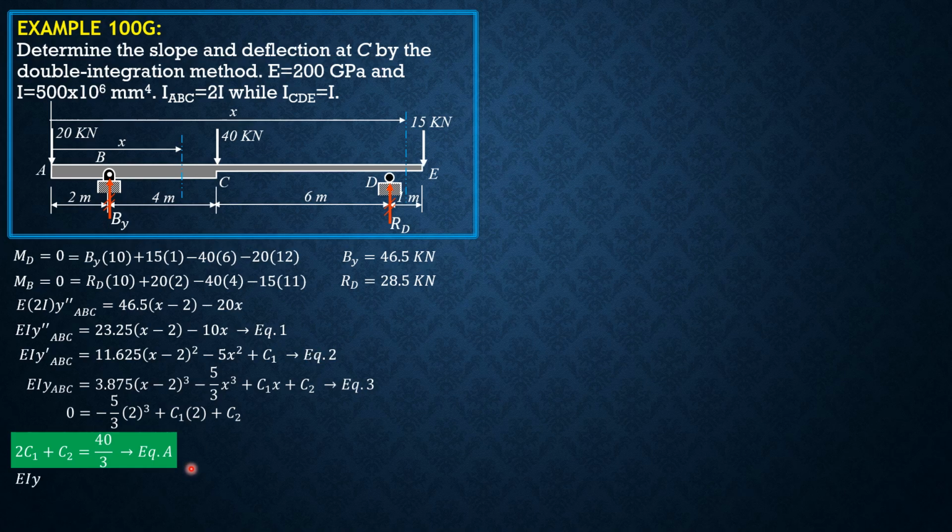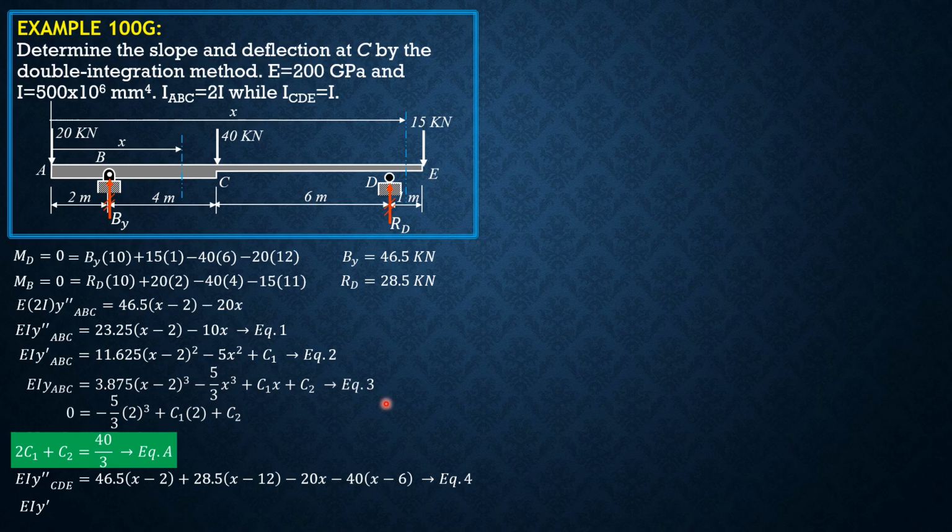So EI y double prime CDE is equal to By 46.5 times quantity x minus 2 plus Rd 28.5. This distance is x minus 12 because 2 plus 4 plus 6 is 12, so x minus 12 moment arm. Then minus 20 times x minus 40 times quantity x minus 6. So call that equation 4.